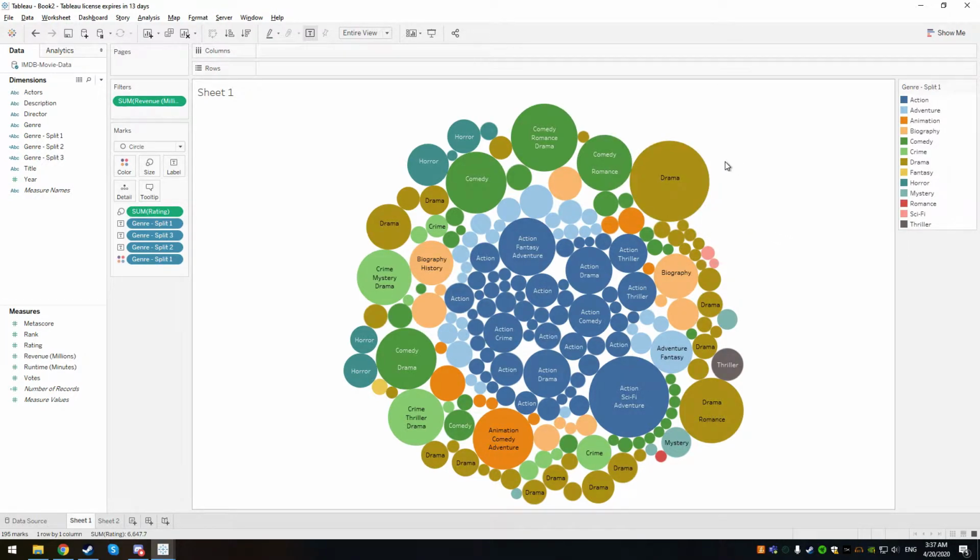As you can see, some bubbles have just a single category, and some of them are a combination of categories, which means some movies are just drama, but some movies are multi-category, for example, comedy, romance, drama. And the size of the bubble represents the score. The bigger the bubble is, the higher the score it is. And the color represents the main categories.